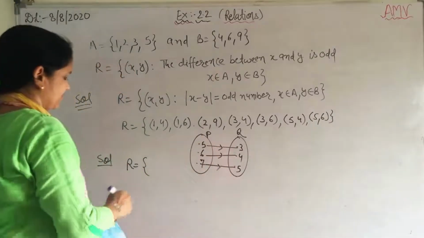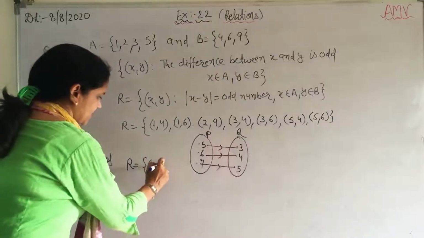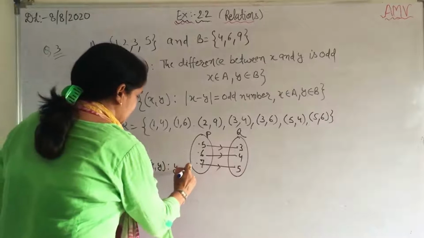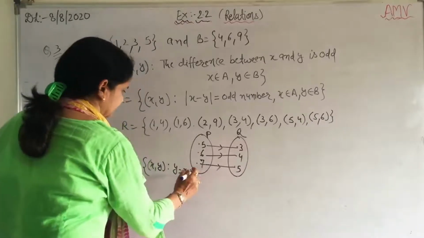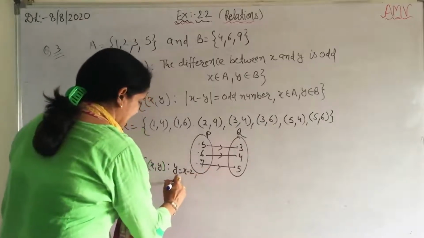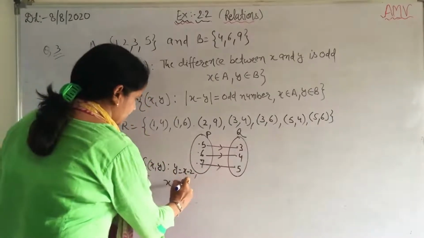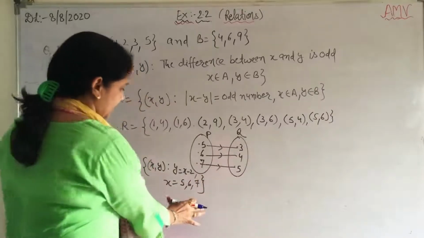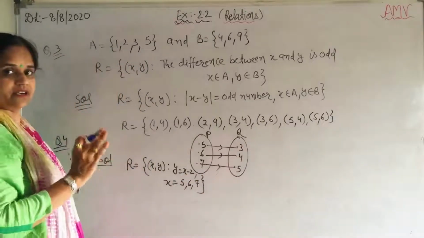So we can define its set of x, y such that y is equal to x minus 2, where x is equal to 5, 6 and 7 only. It is known as the set builder form.